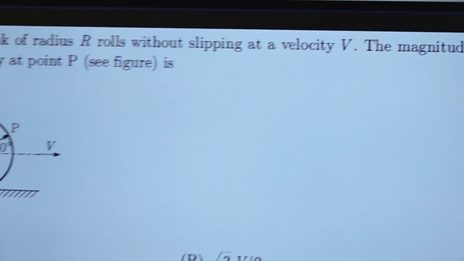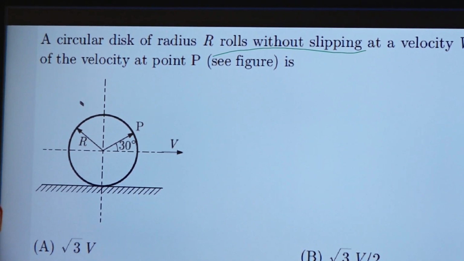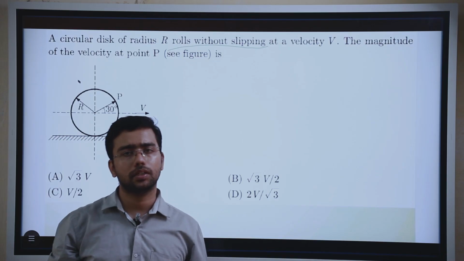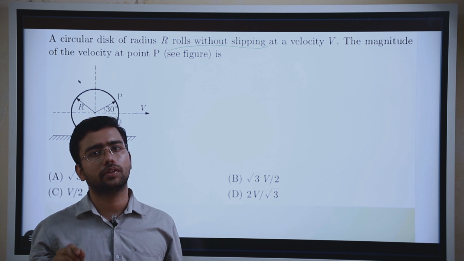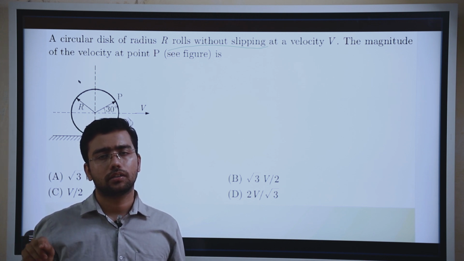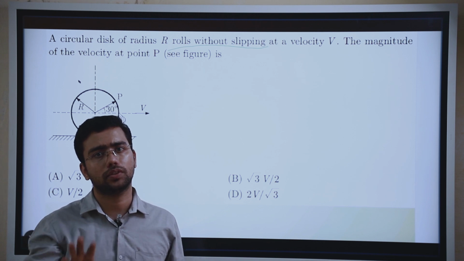So first thing we need to know is what is rolling without slipping. There is a condition when we have rolling without slipping: v, the velocity of the center point of the roller, should be equal to omega into r. Omega is the angular velocity of the roller, and r is the radius of the roller.